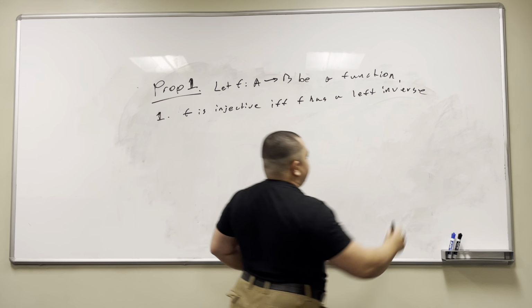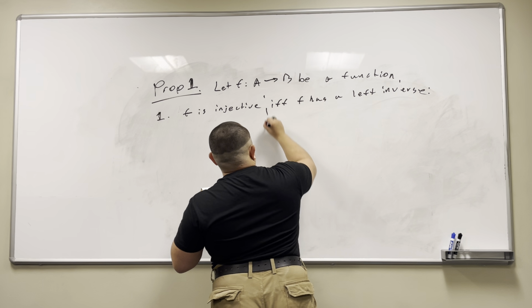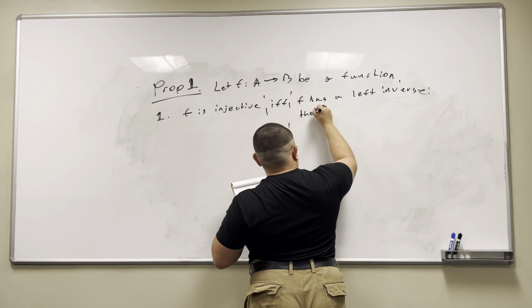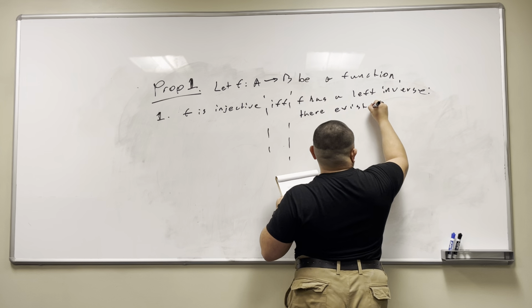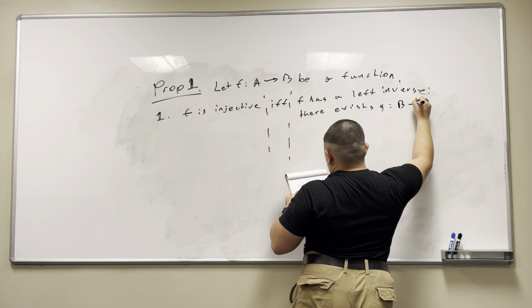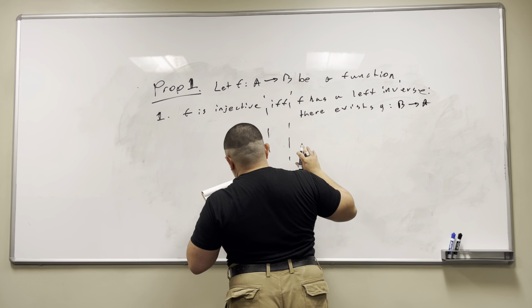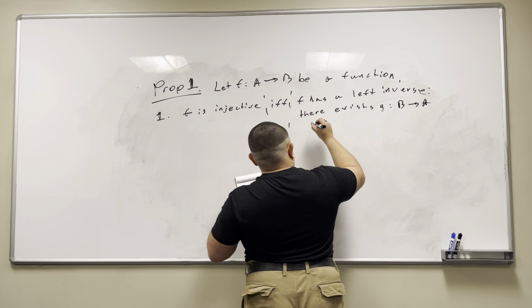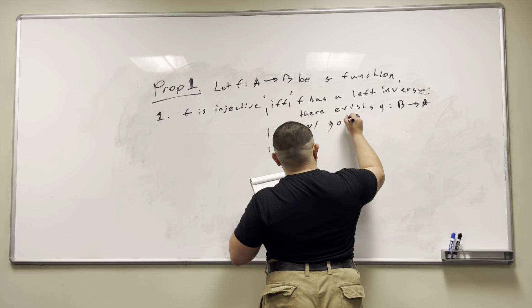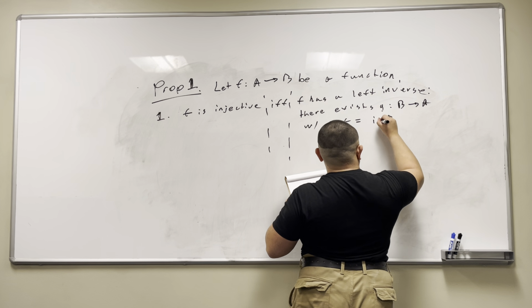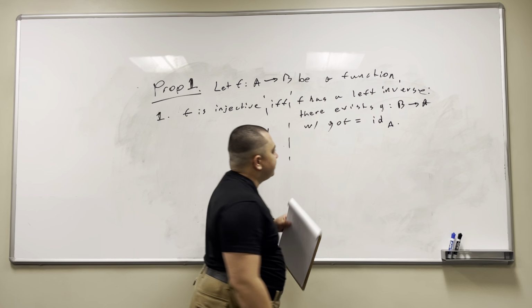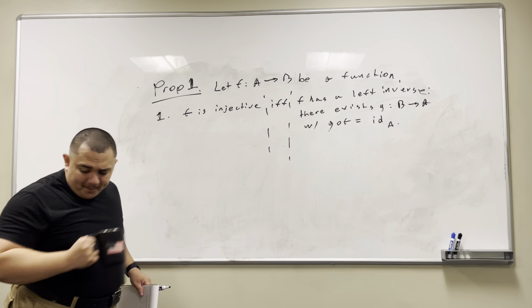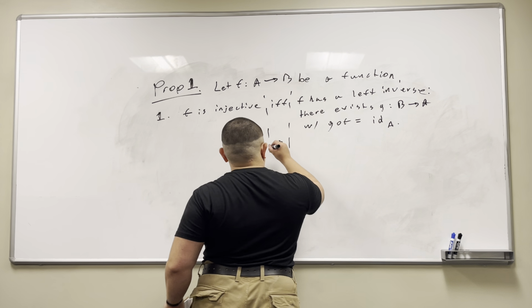That is, there exists a map g from B to A such that the composition g of f gives the identity of A, identity sub A. What else?